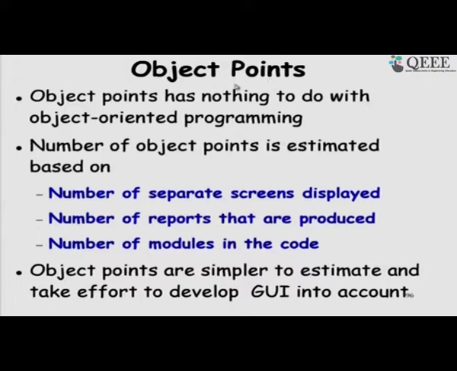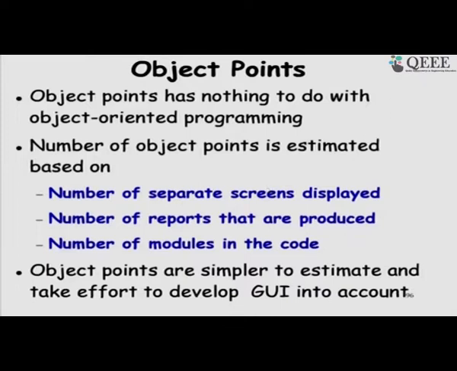Here we just count the number of screens that would have to be displayed, the number of reports that are produced, and how many modules will be there in the code, the important parts that have to be implemented, and then this gives us a rough estimate of the size of the software.